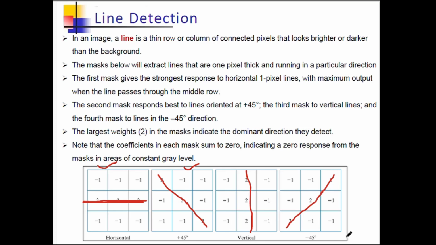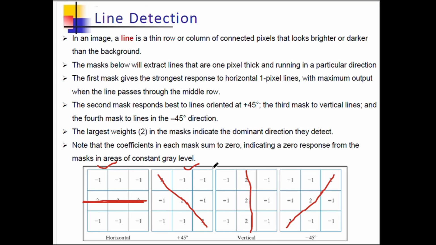Then if you see the values, the sum of all these mask values, any of these masks, the total is 0. Because these minus 1s and these minus 1s make minus 6, and the middle are 6. Minus 6 and plus 6, 0. Means indicating a 0 response from the mask in areas of constant gray level.